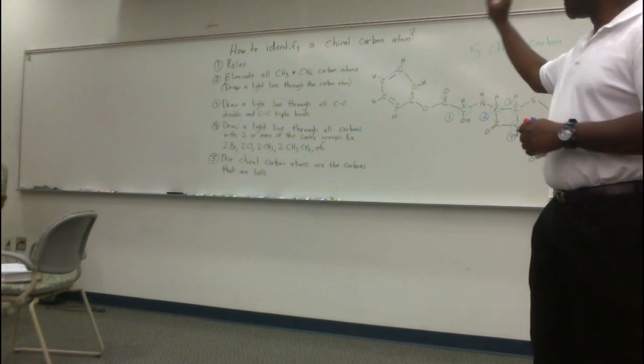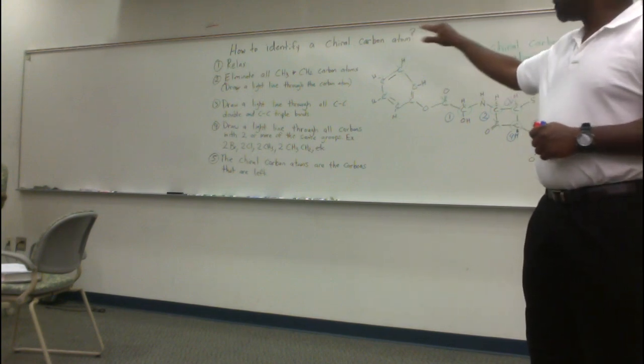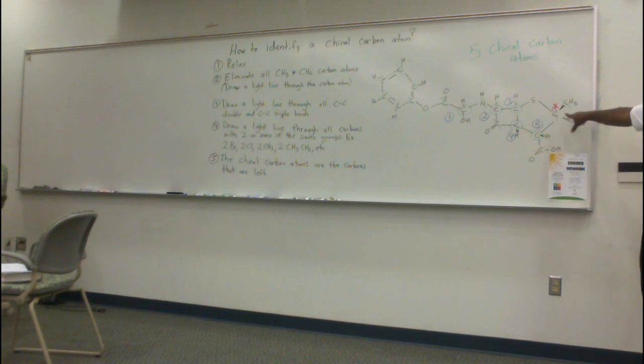Rule 2 would not have crossed this carbon atom out because this carbon atom itself doesn't have a CH2 or CH3 group attached. This carbon atom has a CH3 attached to it, so we get rid of those carbon atoms.